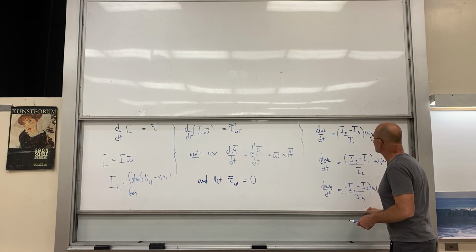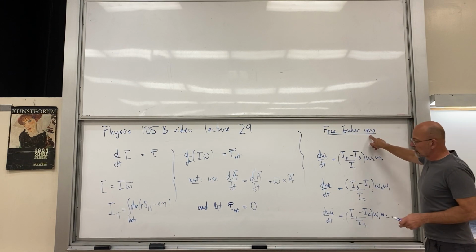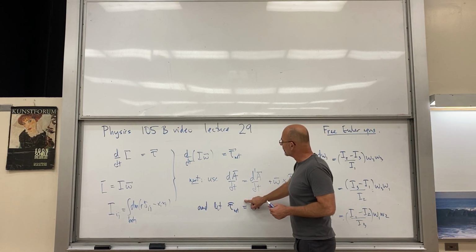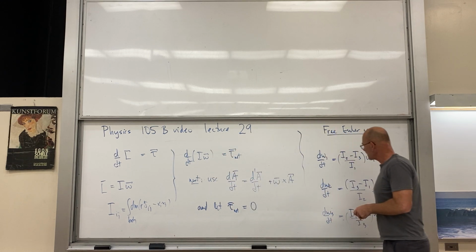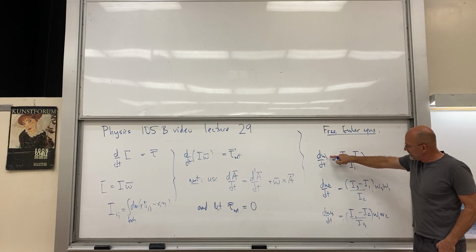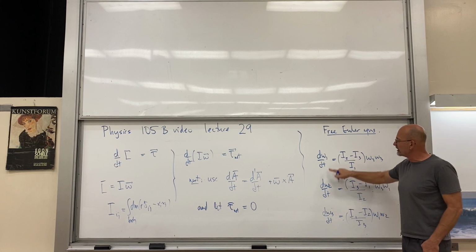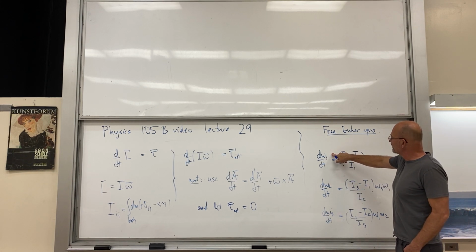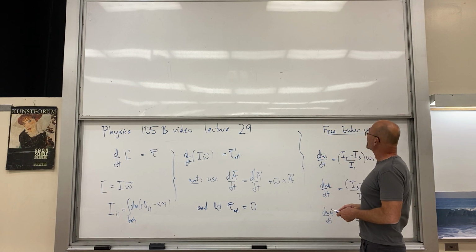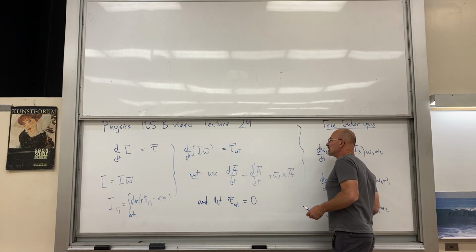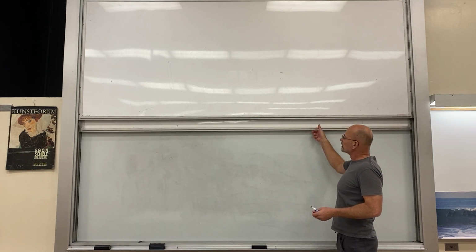Okay, so those are the Euler equations when the net torque is equal to 0. So we just transform this side. And now omega 1, 2, and 3 are the components of the angular velocity vector with respect to the body frame. So the next thing I'm going to do is go ahead and draw the body that we're talking about.